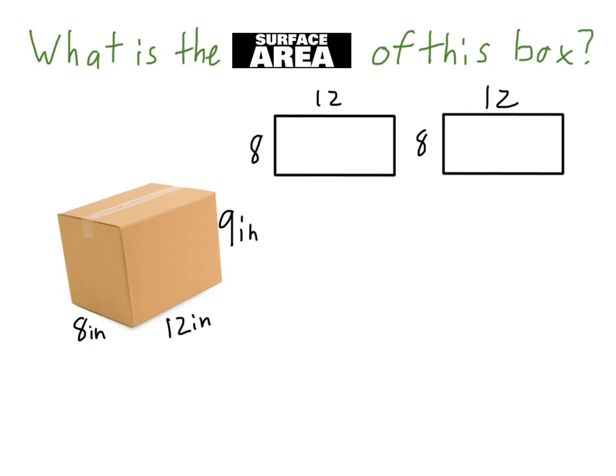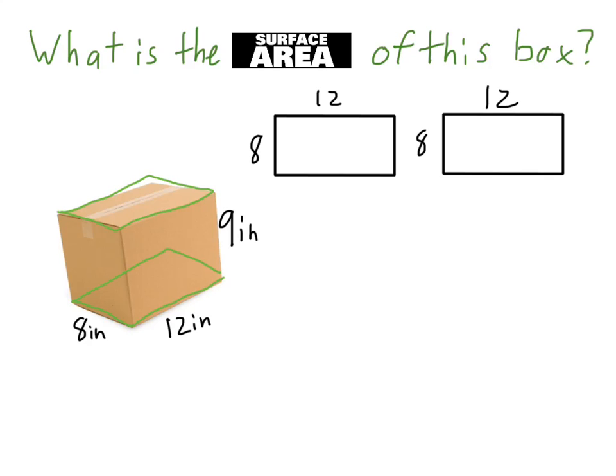And what are those pieces? Those pieces are actually the top and bottom of the box. Notice that we have the top of the box right here, and then down here we have the bottom of the box, and I kind of drew through the middle of the box, as you can see.